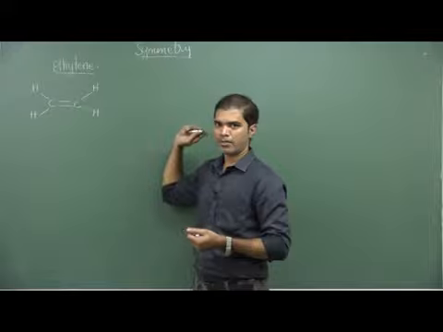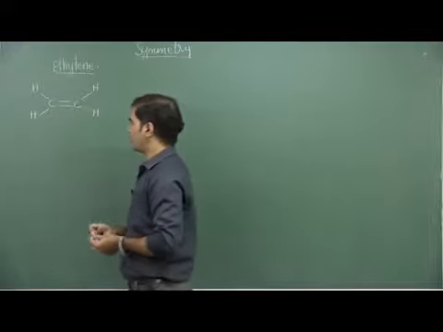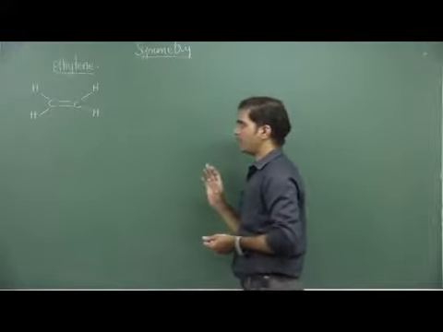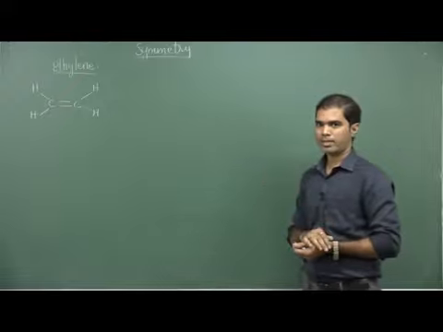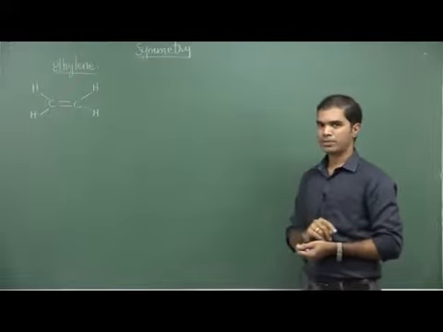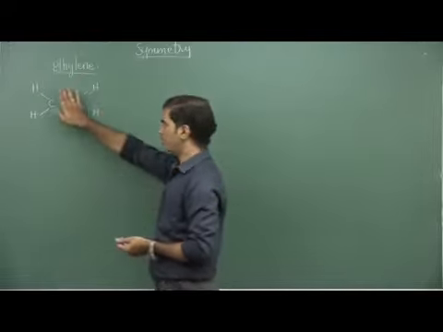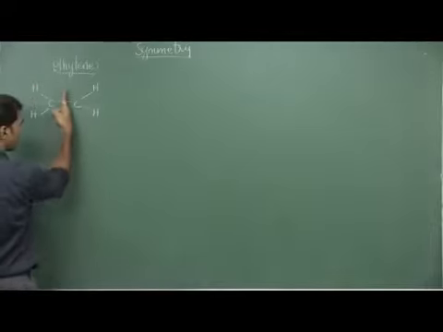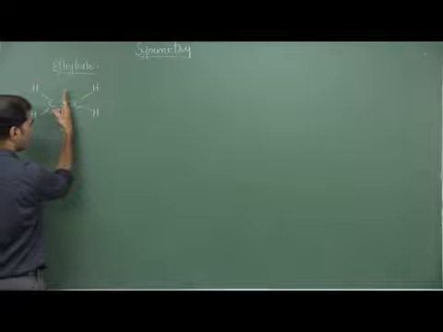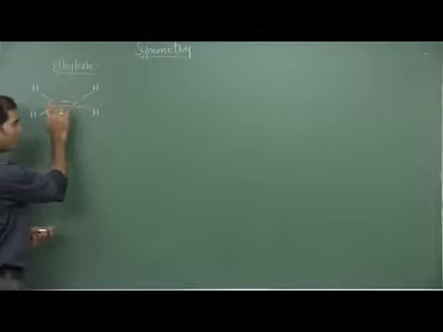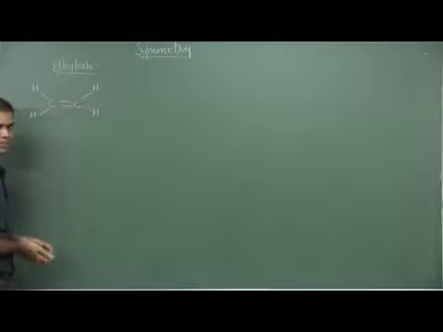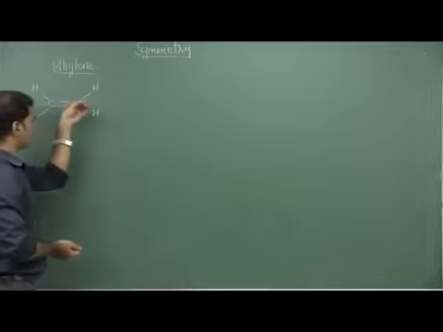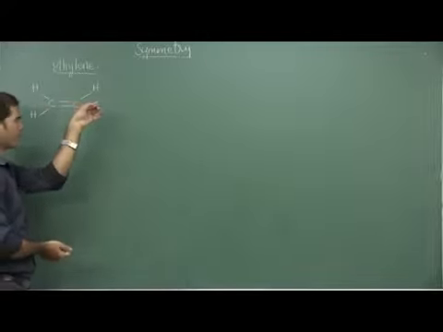And if I rotate by 180 degrees, I may get an equivalent structure, which we have to check after drawing. Also, if you look carefully, there could be another rotational axis other than the one pointing towards you. Since these two halves look symmetric, if I pass a rotational axis between the two carbons and rotate by 180, I get an equivalent structure. The first one is this which is pointing towards you.